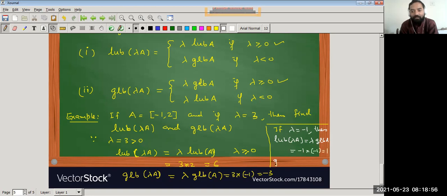And what is the greatest lower bound of lambda A? Again, we consider the second case, lambda times the least upper bound of A. Lambda is minus 1 and the least upper bound of A is 2, so it is minus 2.